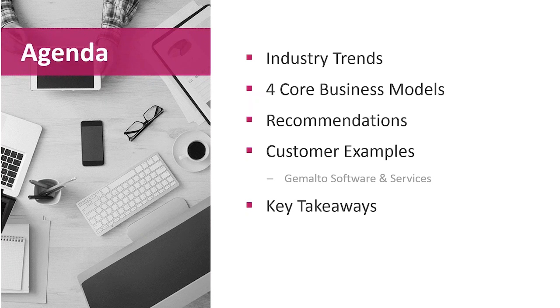Then I want to walk through some live customer examples, so we'll take about 3 customers. We'll look at what their original state was, what they wanted to do, how we helped them, and of course we'll wrap up with some key takeaways. And again, feel free to write your questions down in the question side. We'll certainly get a chance to look at that and answer it as we move forward.